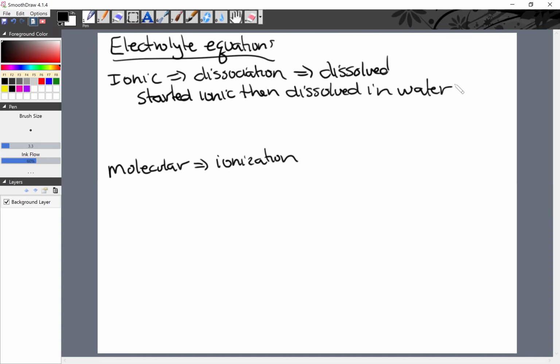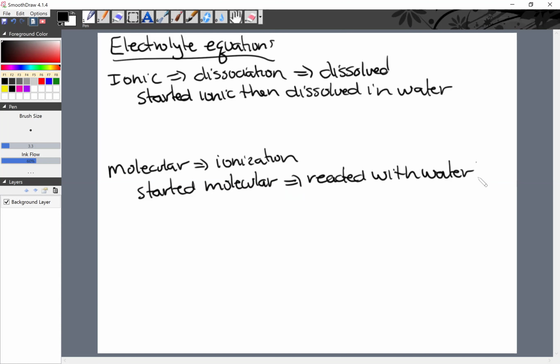Now, moleculars, on the other hand, means that it started molecular and it reacted with water to make ions, hence the term ionization. Now, that doesn't seem like a big deal, but it's very important to know where the pieces came from. And so we need to always be able to write one of those two equations.